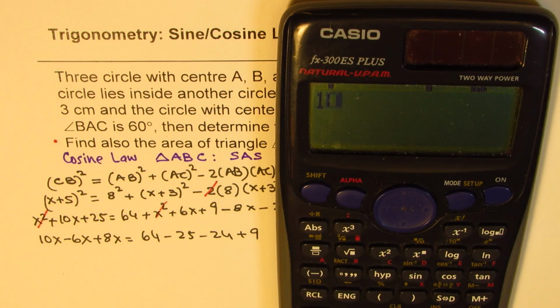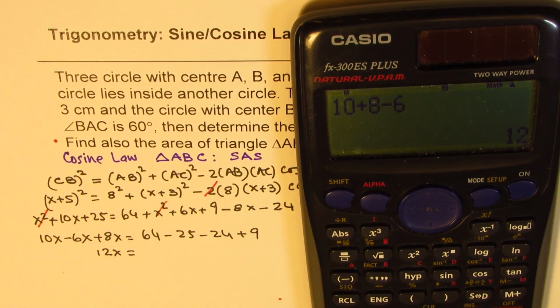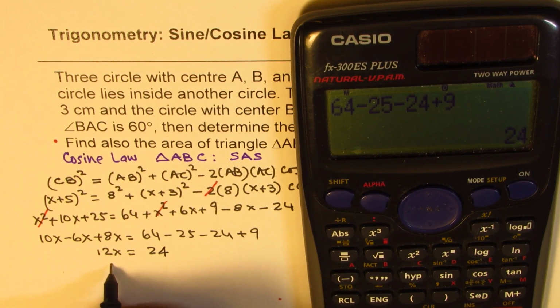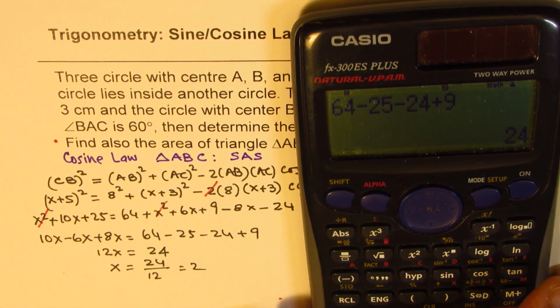So we have 10 plus 8 minus 6, which is 12x. And on the other hand, we have 64 minus 25 minus 24 plus 9, which is 24. So x is equal to 24 over 12, which is 2.